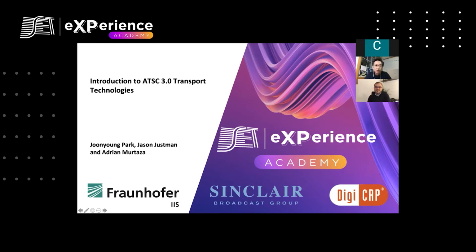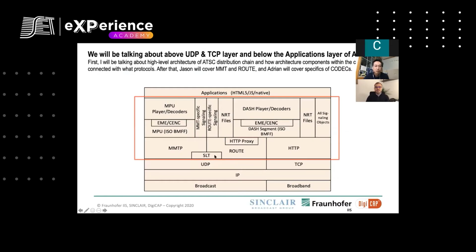Okay, let's start. Today we will give you a very high-level introduction to the ATSC 3 transport technologies. Myself, Jason and Adrian will be talking about that topic. As you can see, this is a typical ATSC 3 protocol stack.